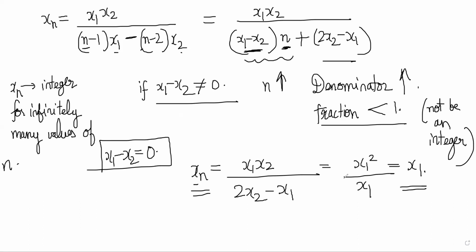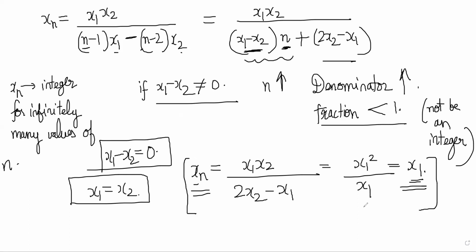So in that case, the xn is always equal to x1, and this condition is basically saying x1 is equal to x2. So what condition we are getting here is that if you say x1 is equal to x2, then in general, all terms of the series become equal and they are all equal to x1. So the series is simply a sequence of x1s, right? x1, x1, x1, and so on.